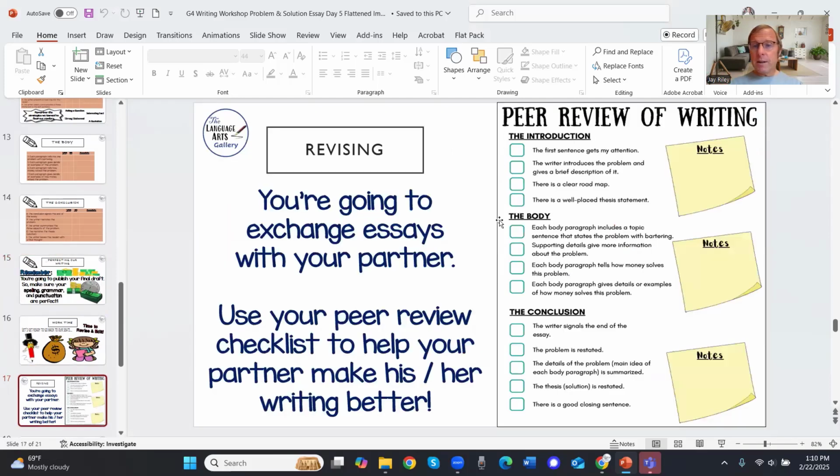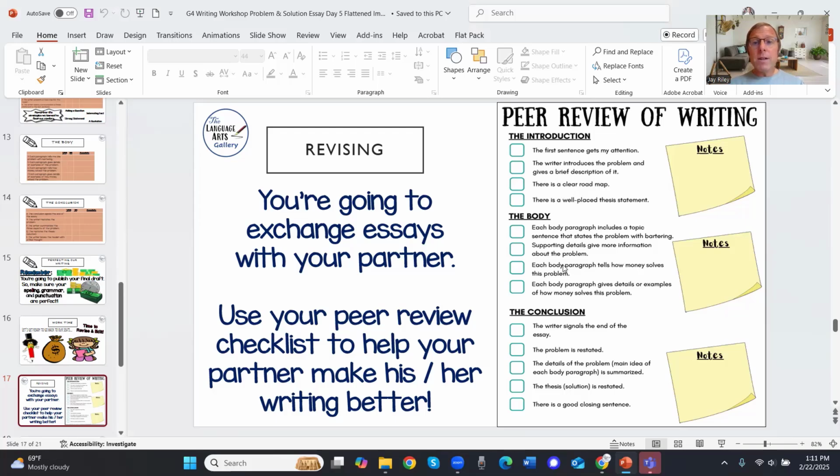So you've got this peer checklist here. Go through each part of your partner's essay. In the introduction, does the first sentence get your attention? Do they introduce the problem, describe it, give you a roadmap, give you a thesis? Does each paragraph include a topic sentence? Does it tell what the problem is?